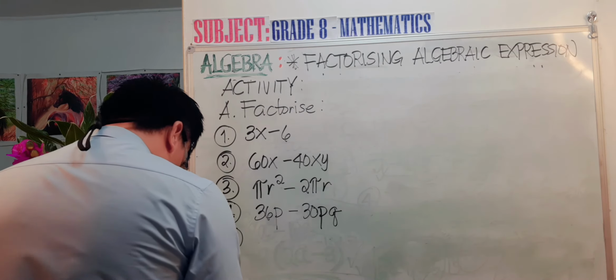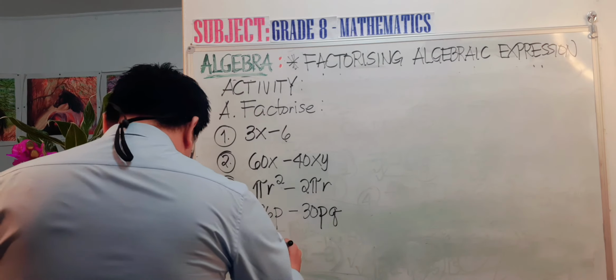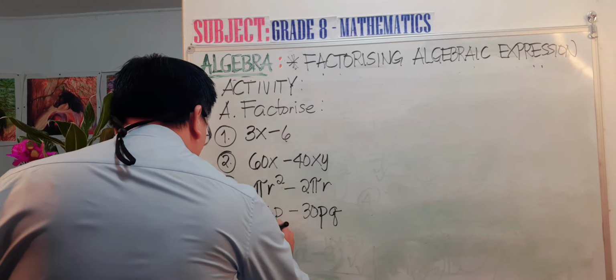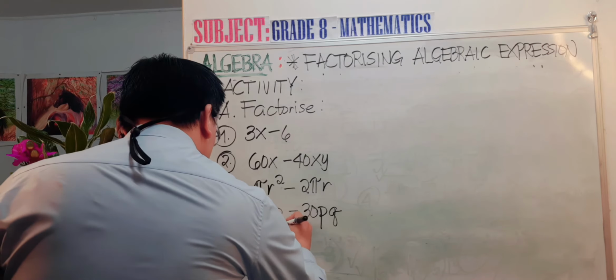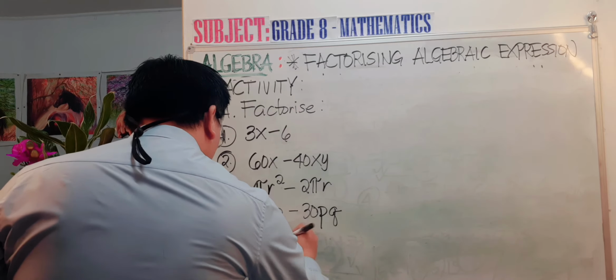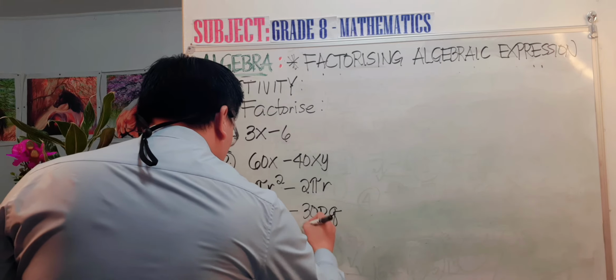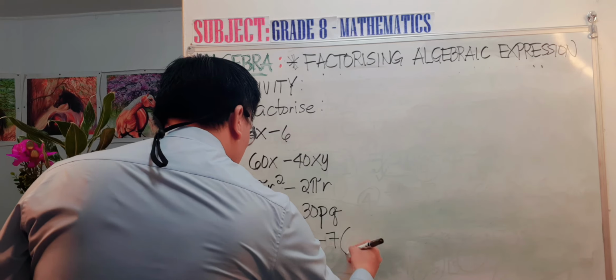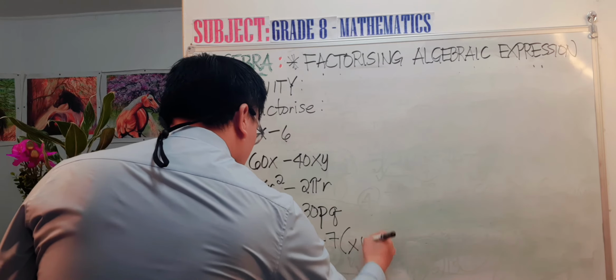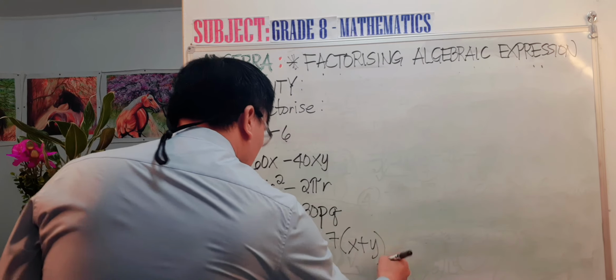Number 5, x open x plus y minus 7 x plus y.